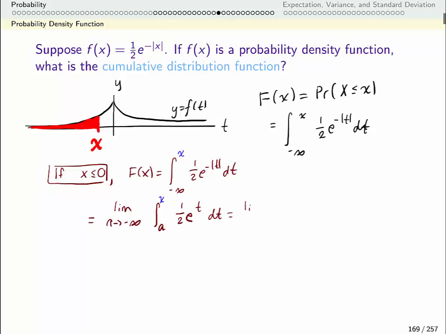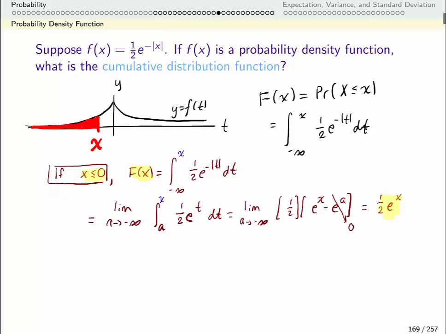This is straightforward enough. As a goes to negative infinity, e to the power a goes to 0. So this whole thing looks like 1/2 times e to the x. So this tells me my cumulative distribution function in the case that the number I'm plugging into it is less than or equal to 0.